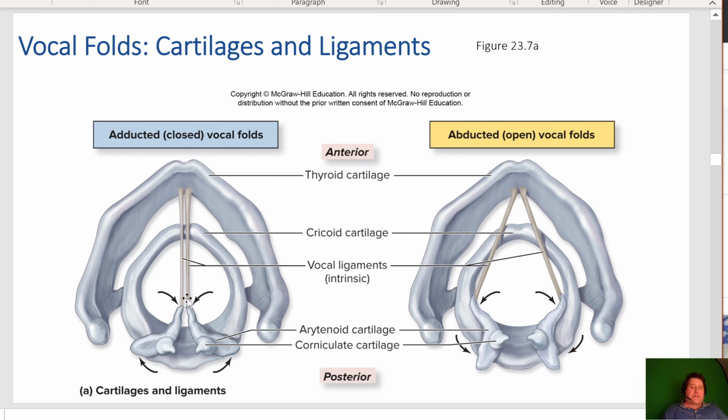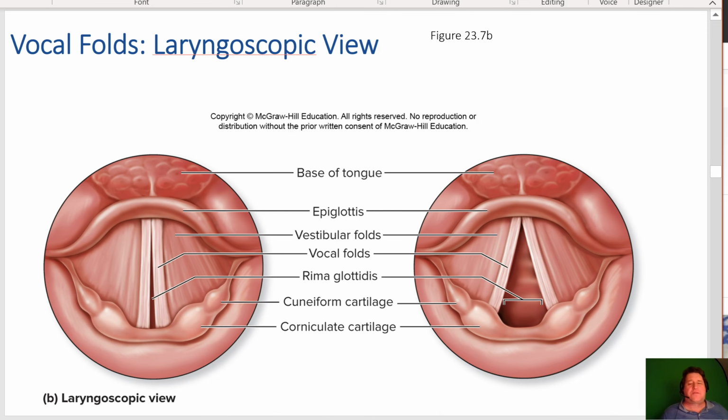So it comes down to a little slit between those two flaps where the vocal cords sit, and the air has to be pushed through those. These are the vocal folds, or the vocal cords, and these flaps here are the vestibular folds.